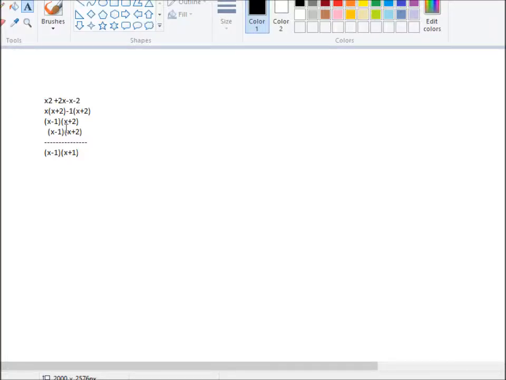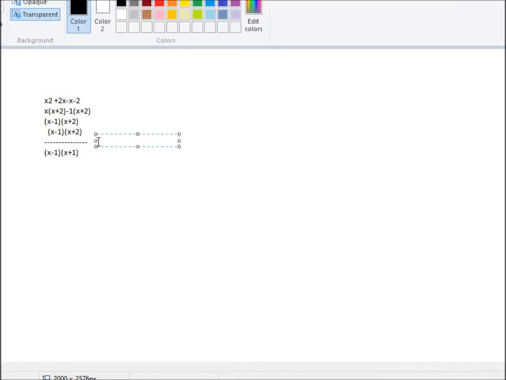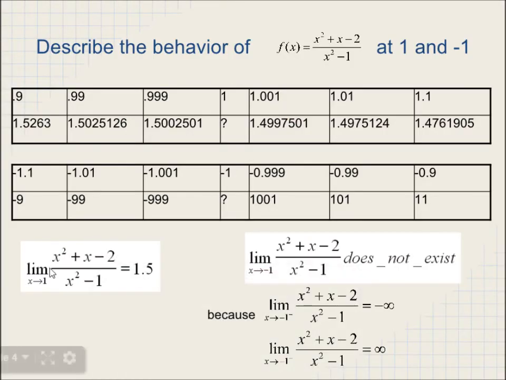When you put 1 in place of x, it becomes (1 + 2)/(1 + 1), which is 3/2, equal to 1.5. So using the substitution method, as x approaches 1, the limit of the function is 1.5, which matches the tabular method.